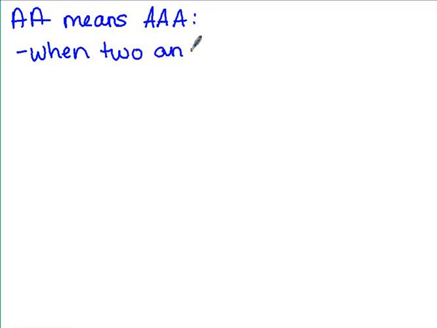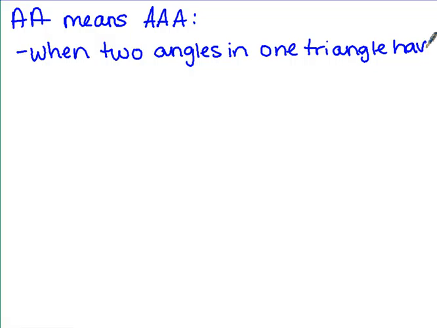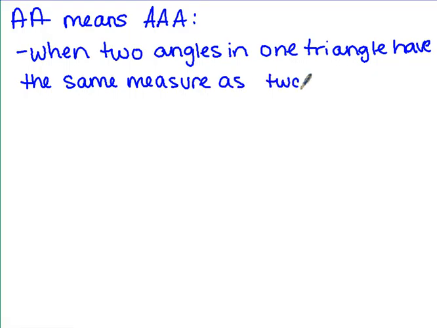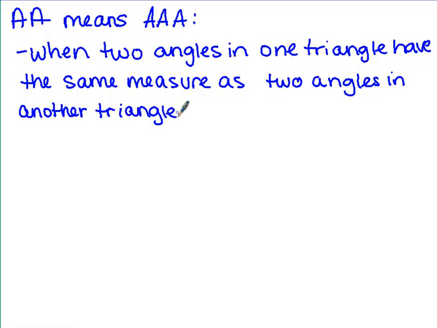When two angles in one triangle have the same measure as two angles in another triangle, the third angles are equal.